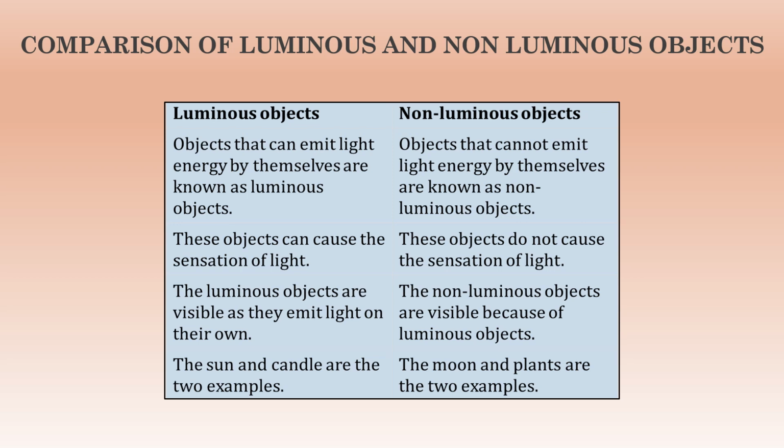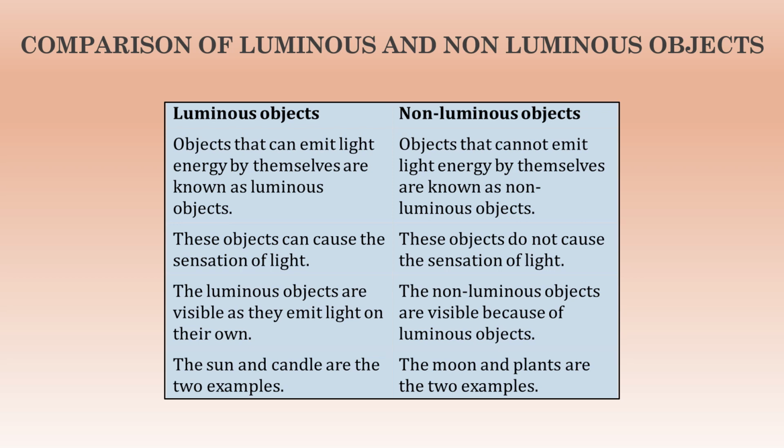Now, once again, we do a comparison of luminous and non-luminous objects. Let us see. The first point is objects that can emit light energy by themselves are known as luminous objects. So, what will be non-luminous objects?